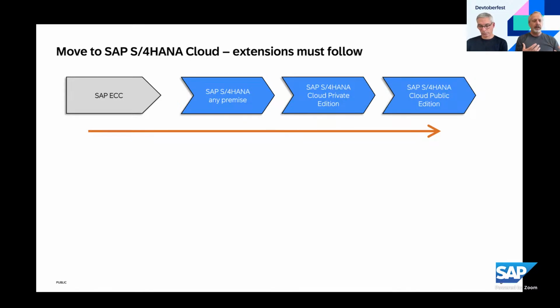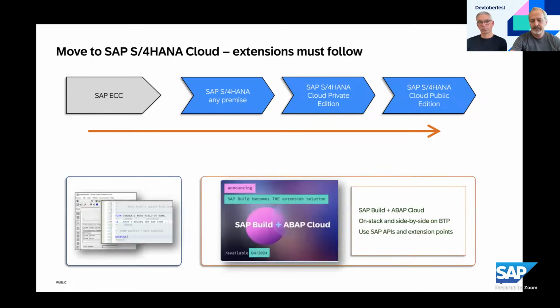And especially in the cloud, think about that here we have automated updates in the public cloud. It's clear that the extensions must follow. So it's clear that we must change how extensions are done as well.